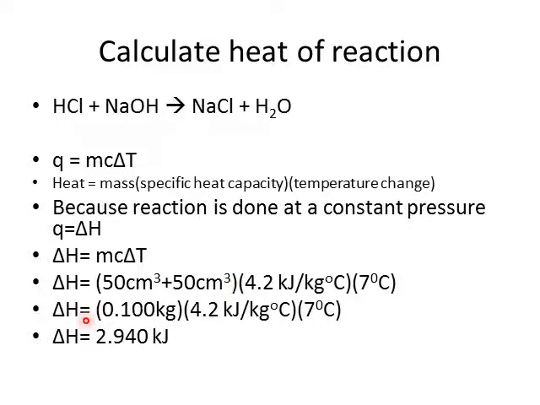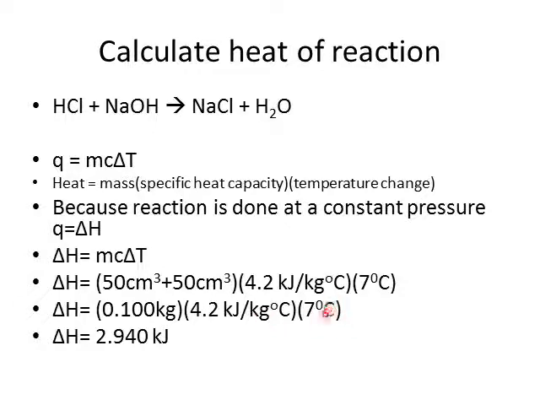So delta H is equal to 0.1 kilograms multiplied by 4.2 kilojoules per kilogram degree C times 7 degrees C. Let's cancel out our units to see what our unit of measure is. So I have kilograms and per kilograms. They cancel out.